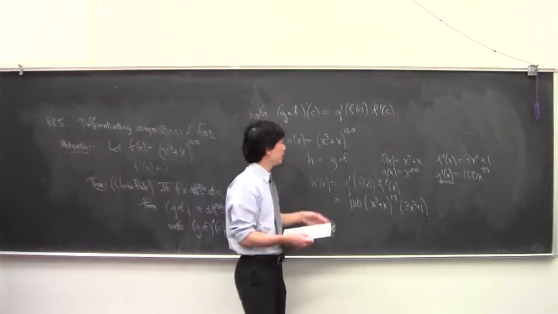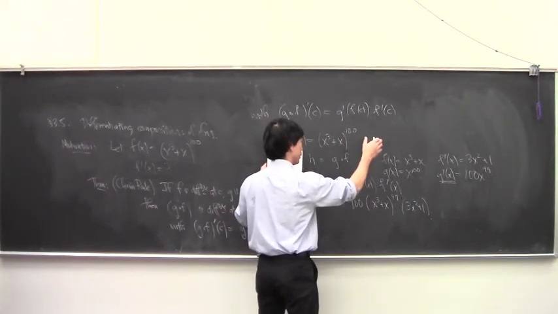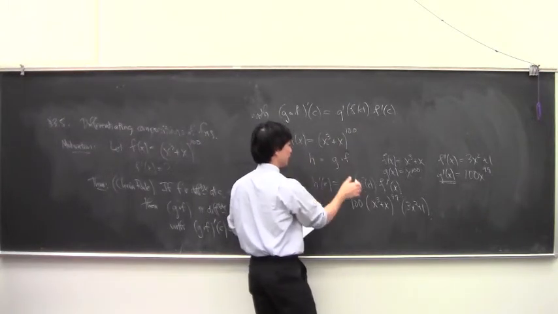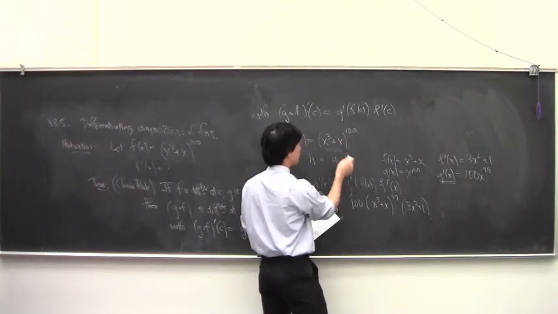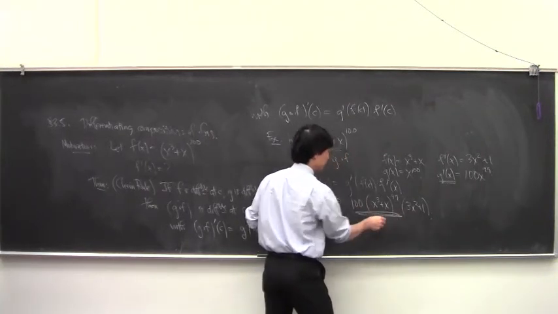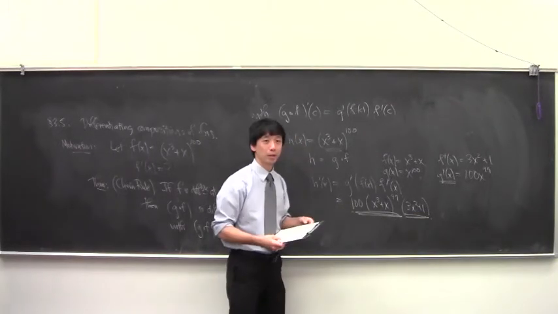I've got this outside function x to the 100. I differentiate it, and I get 100 blah to the 99. I evaluate it at the inside function. The derivative of the outside function evaluated at the inside function times the derivative of the inside function.